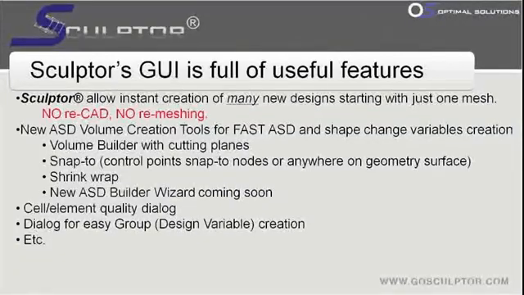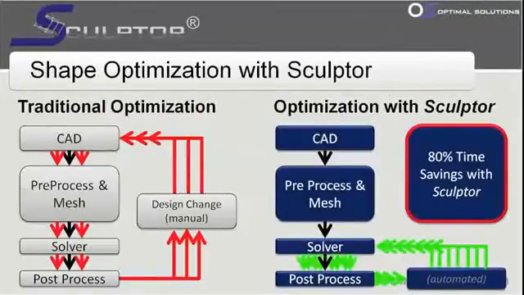I'm going to show you a video here in a moment of how that is actually done. We also have a cell quality dialog to keep track of the cell quality as we deform. Of course, we're going to change the shape of the cells because we're moving the nodal points around, but we can keep track and still keep good, high quality cells through a deformation.